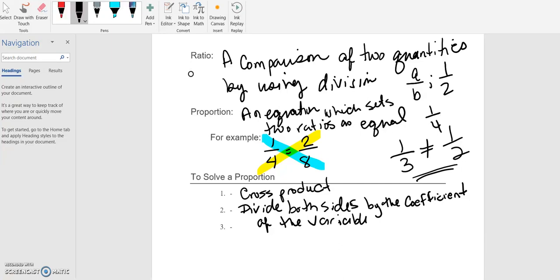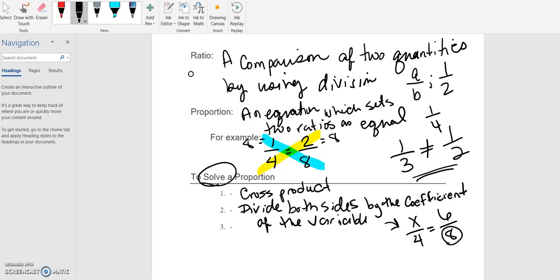Well, here, I could multiply this cross product. 2 times 4 gives me 8, and 8 times 1 gives me 8. That's how I know that these two are equal. But solve traditionally means that we're going to have some unknown. So we're going to be dealing with things that look like x over 4 is equal to 6 over 8, or something like that. So that's what we mean by divide by the coefficient.